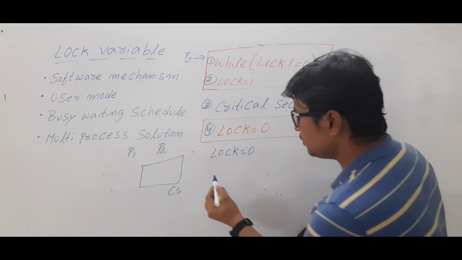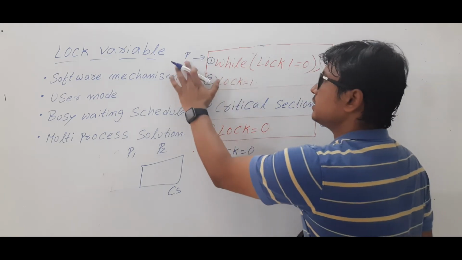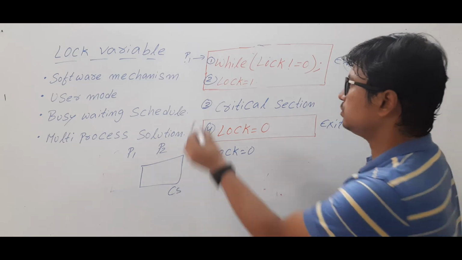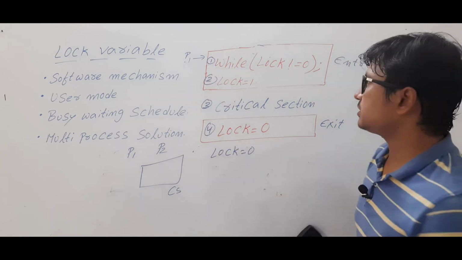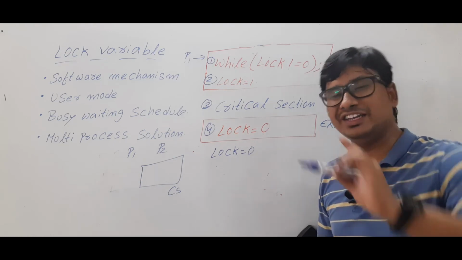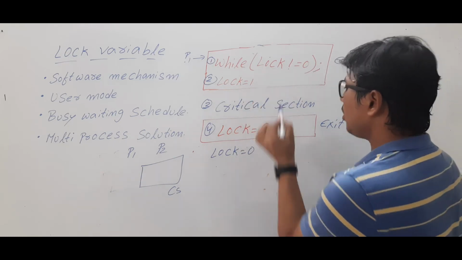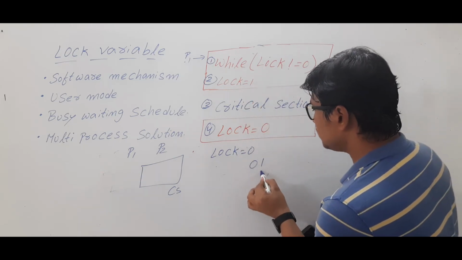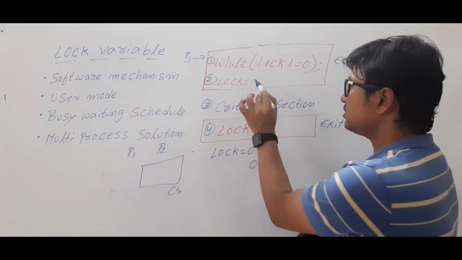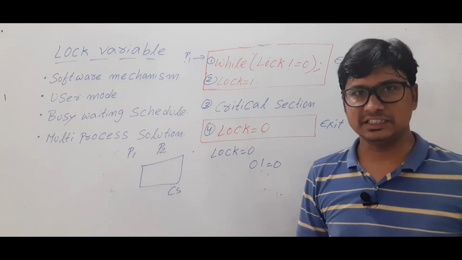Now process P1 wants to enter the critical section, so it has to execute the entry section. It will first execute instruction 1, while lock not equal to 0. Now the lock value is 0, so 0 not equal to 0, this condition is false. If this condition is false, it can execute the second instruction.